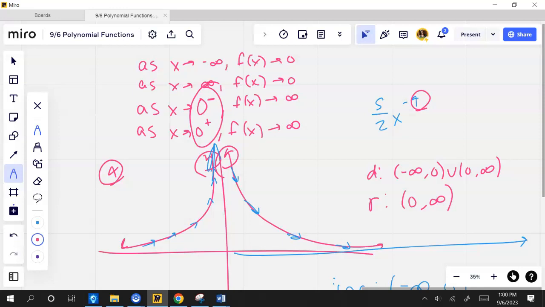Infinite at x equals 0. It shouldn't stop.